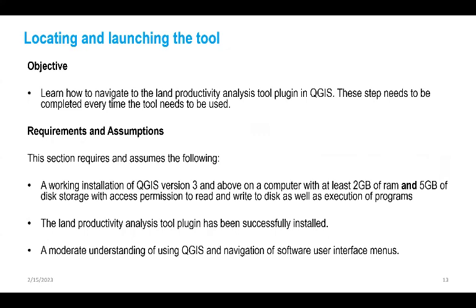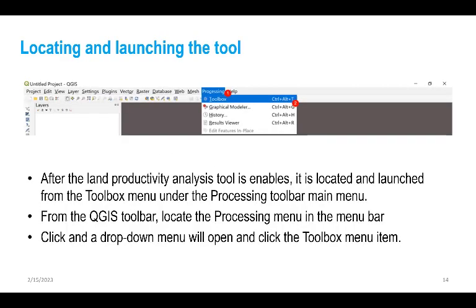So the next objective is, how do you launch the tool? We are taking the assumption that you installed it, activated it, and it showed no errors. So how do you launch the plugin?